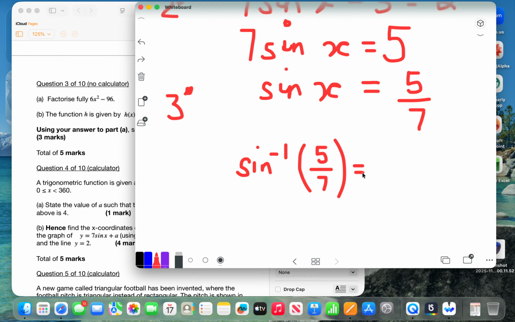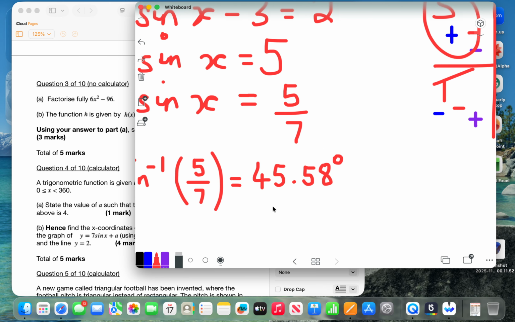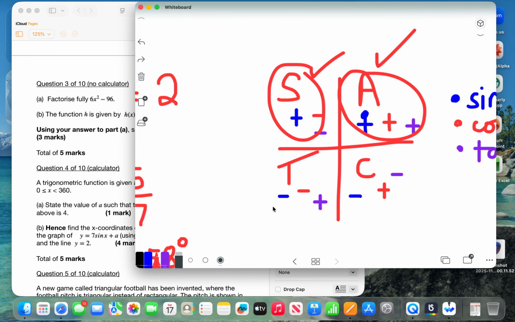And making sure to have it on degrees and not radians, you're going to plug that into the calculator, and we're getting 45.58 degrees. There's no mention of rounding in the question, so we can stick with this if we choose.